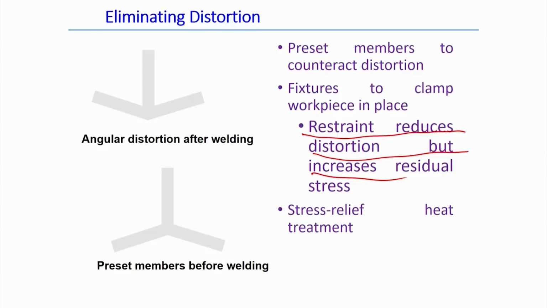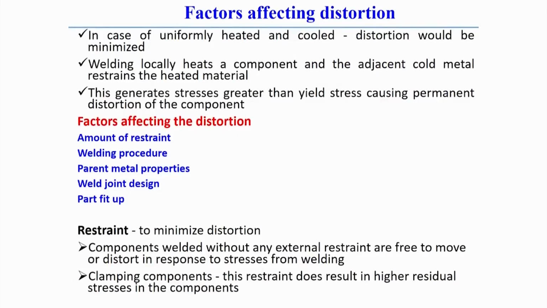But normally, what are the factors that actually affect the distortion? The first factor is uniform heating and cooling. In welding, non-uniform heating and non-uniform cooling happen, and that creates the distortion. But if you try to create mostly uniform heating and cooling in welding, that reduces the amount of distortion. Another factor is that welding locally heats a component.